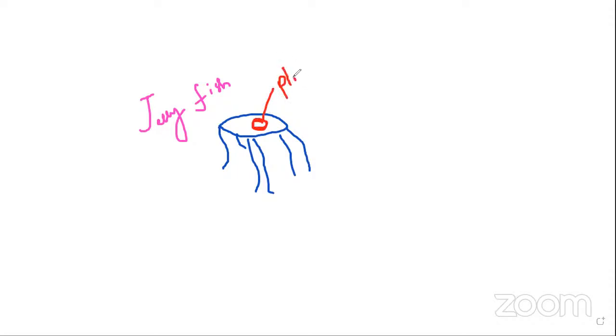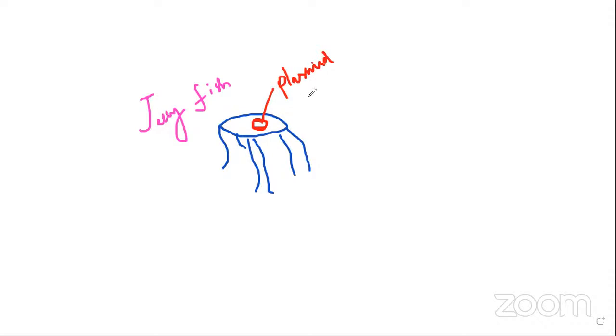Already you know the jellyfish looks like a structure like this, isn't it? Inside there is an extra chromosomal body present. This is called a plasmid. This plasmid has the ability to emit fluorescent color during dark time.